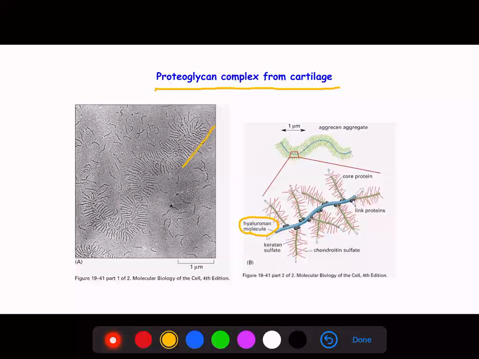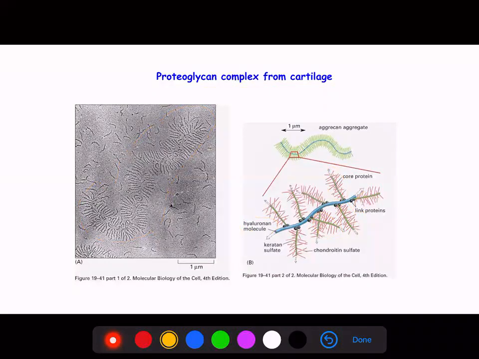So this is a big molecule you are seeing. You even have a picture here. Each of them is a proteoglycan molecule. Also, there is chondroitin sulfate and keratan sulfate, sugar molecules attached to certain core proteins, which could be aggrecan or decorin or something like that.